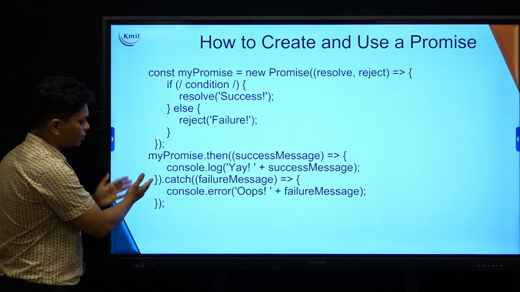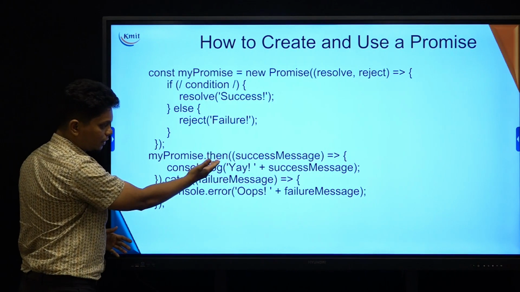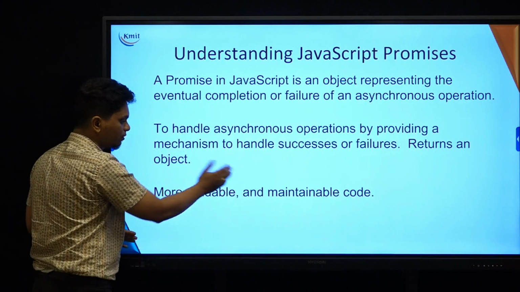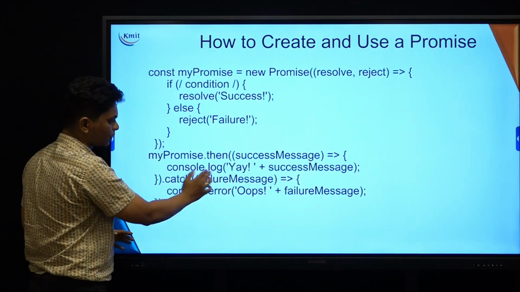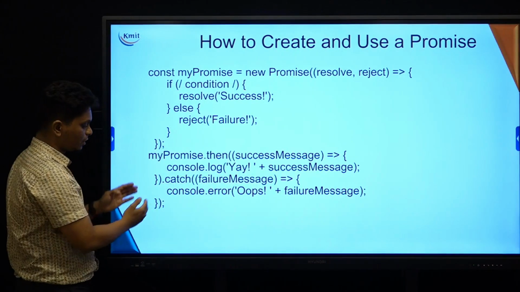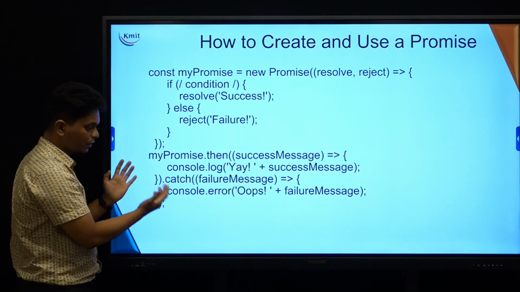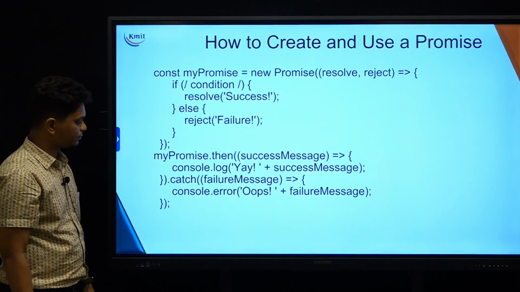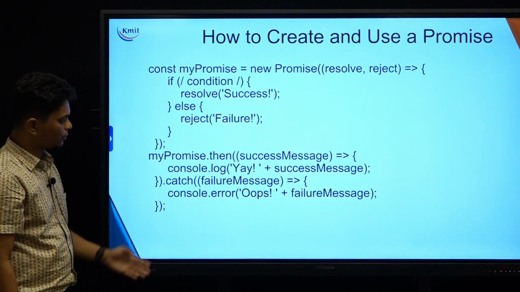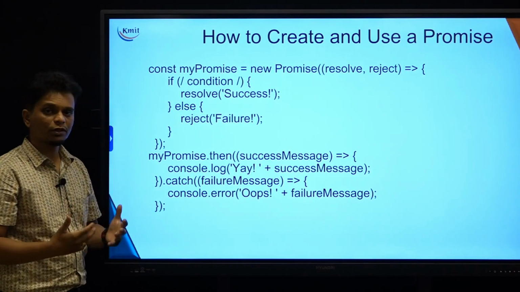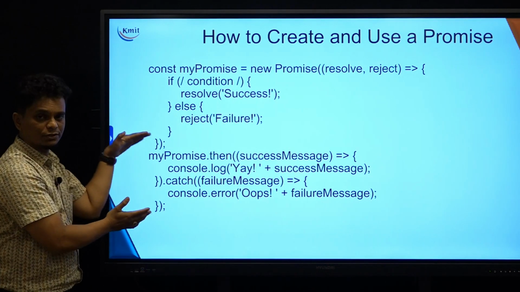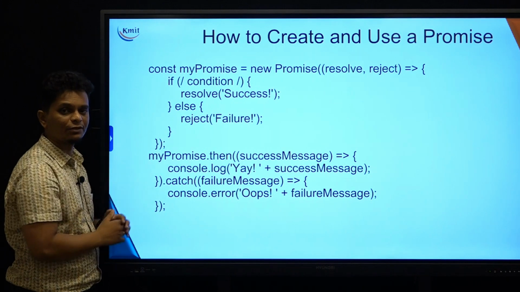So here, the object dot then success message: if it is success, we will get this message, and if it's a failure due to an exception, we will get the failure message. So dot then and dot catch work hand in hand. It's a very basic structure of how promises can be created.